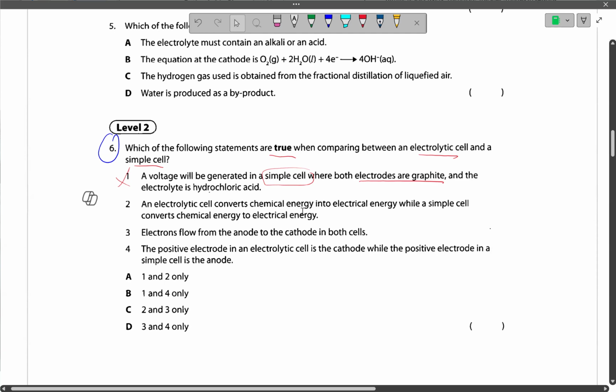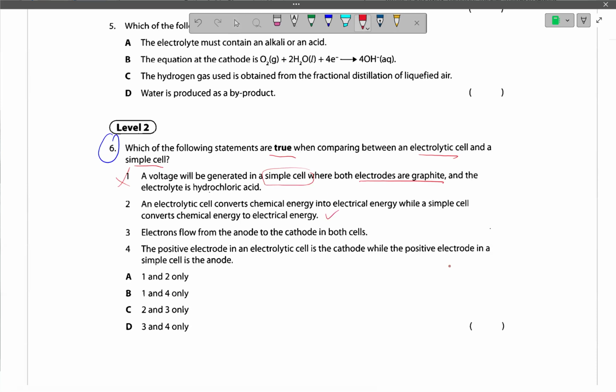For the electrolytic cell, it is chemical energy in the battery itself, chemical potential energy converted to electrical energy. So in this case, you realize both are actually the same. The simple cell is because of the chemical energy from different metals. The electrolytic cell is because of the chemical energy from the battery. So answer 2 is correct.